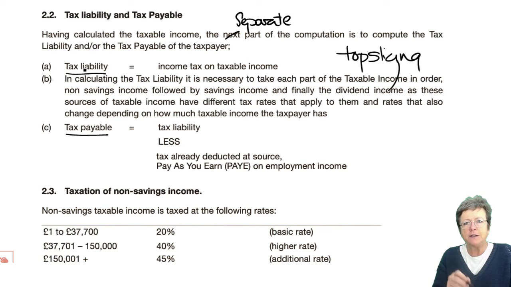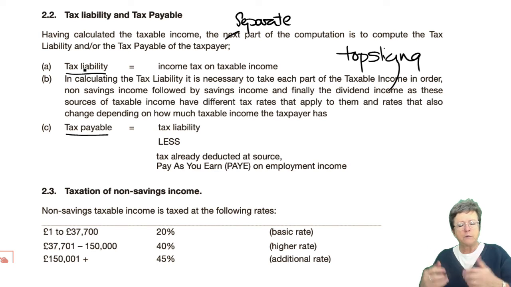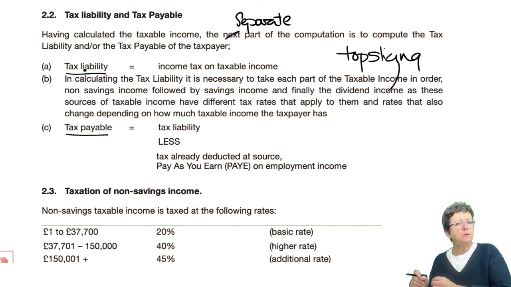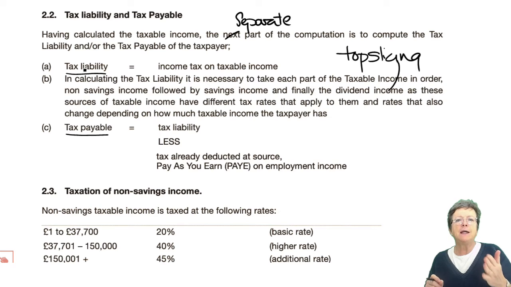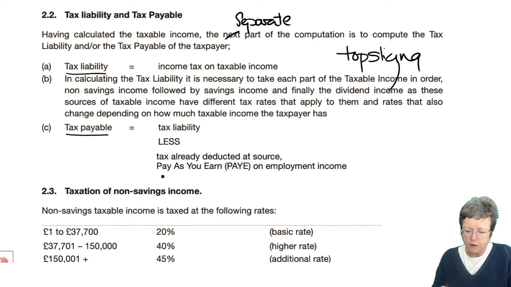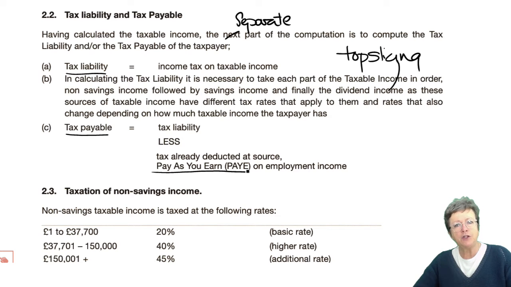Now, the difference between the tax liability and the tax which is actually payable. So the liability is what is due. The tax payable is what you actually have to pay, which can be different because some of the income that you've put in that pro forma may actually have had tax deducted at source. The main one is pay as you earn. So if you have a job, you get a gross salary each month.